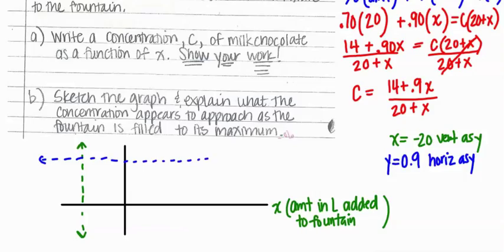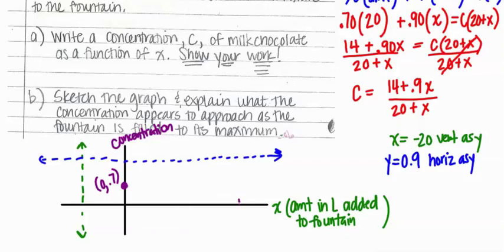And we'll find that if we were to plot points, if I were to put a 0 in for x and add absolutely nothing, I know that my concentration, which is my output, is 70%. So this ordered pair right here is (0, 0.7).